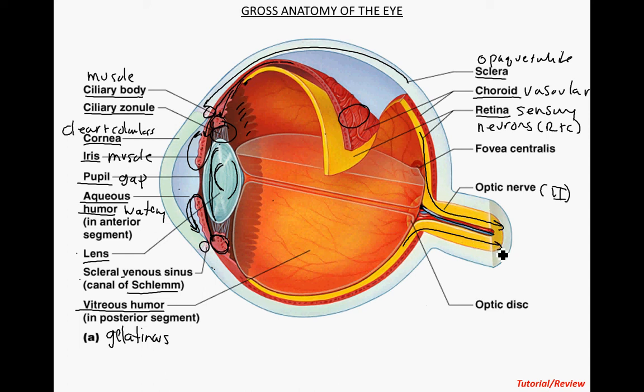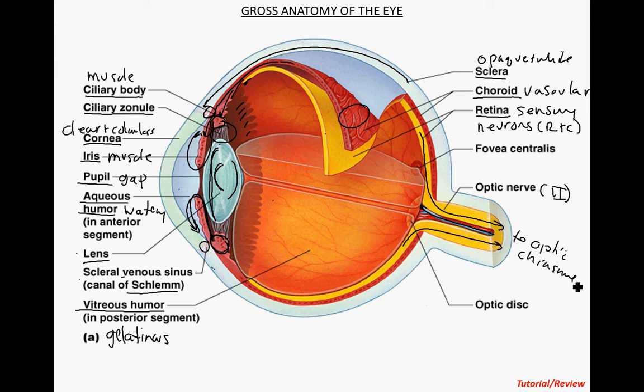So this is going to go to the optic chiasma at the base of the brain, and then back into the optic cortex part in the occipital lobe.